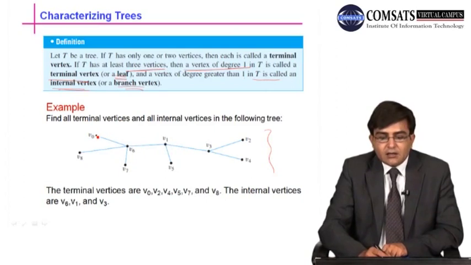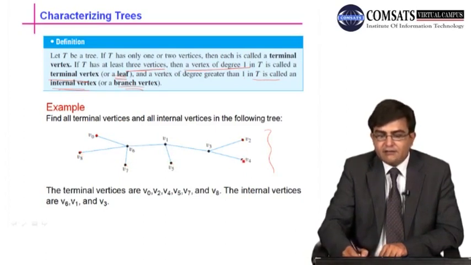Terminal vertices are those vertices whose degree is 1. This vertex has degree 1, this vertex has degree 1, and so on.